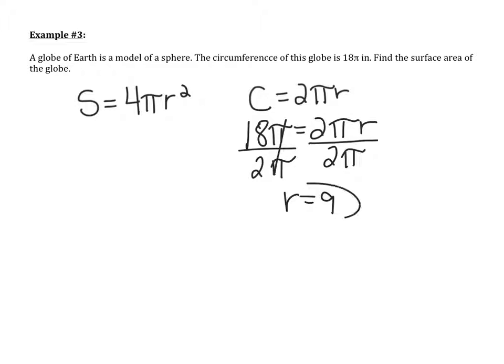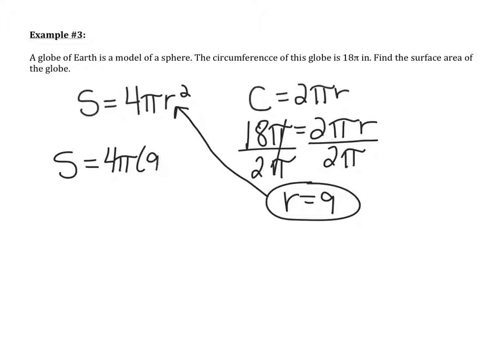So now I can take this and plug it into my surface area formula to find the surface area of that globe. So we have surface area is equal to 4 pi times 9 squared. So again, we would take 9 squared, which is 81, and then 81 times 4, which gives me 324.